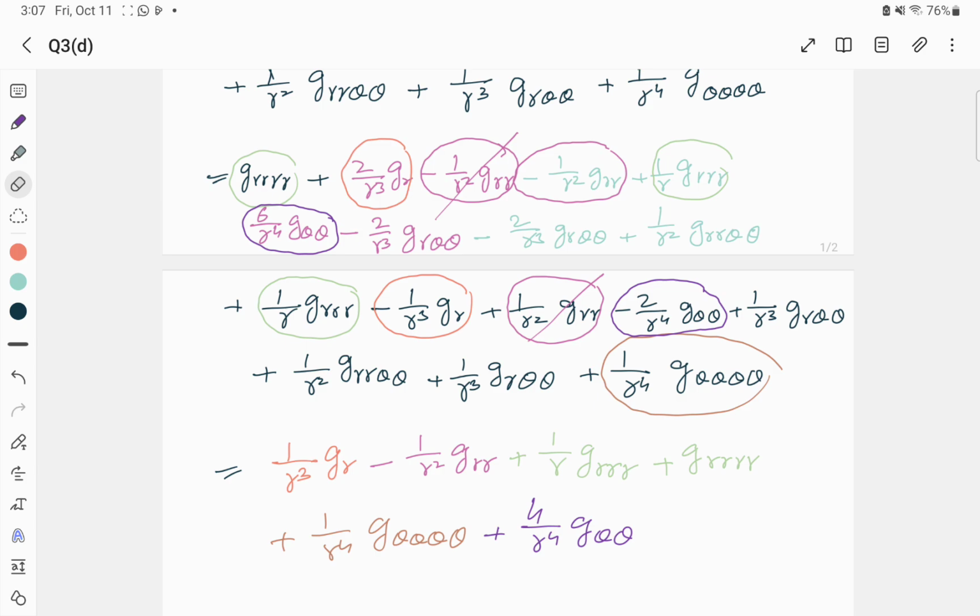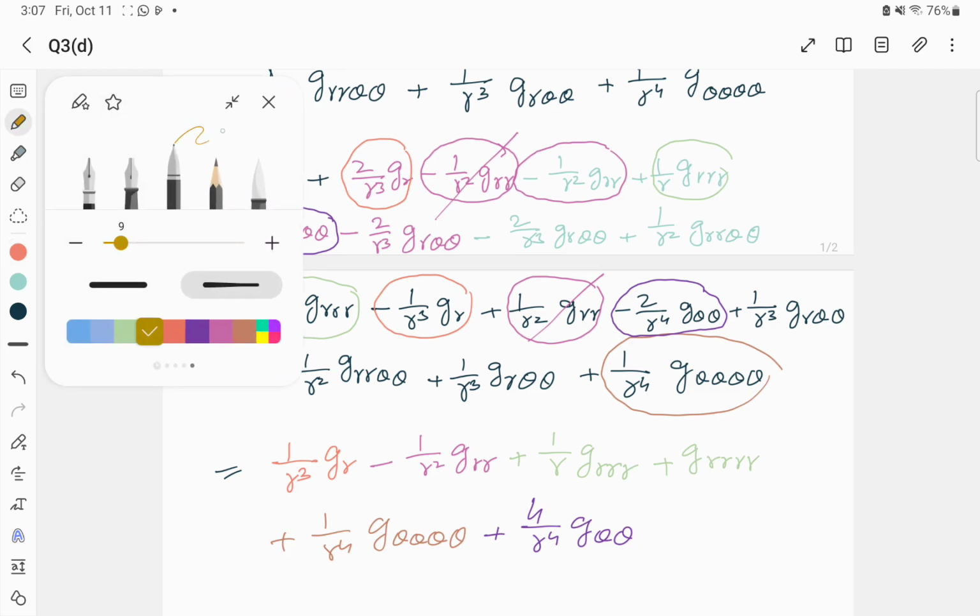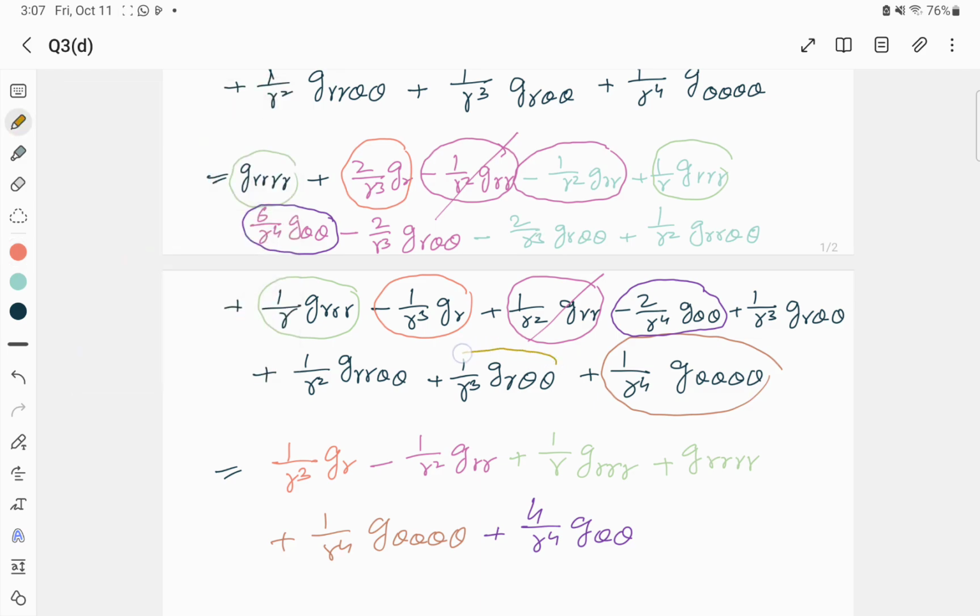I mean the lower r I want to combine in a nicer pattern. So here is the term, this is the term over here, double theta and single r, and again double theta and single r, and double theta and single r.